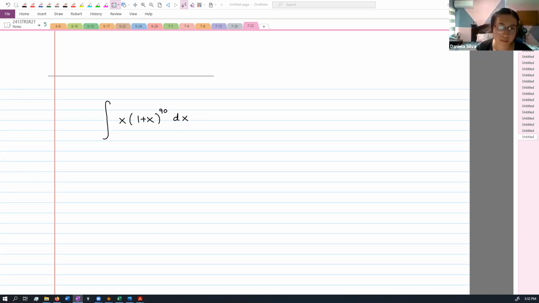So I'm thinking about the x being the derivative because it's not inside of something. But for the something, that's where I don't know. It cannot be the x, right? Because then the derivative of that will be just 1.